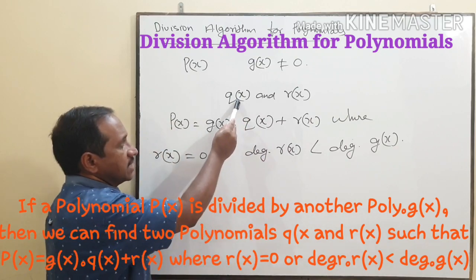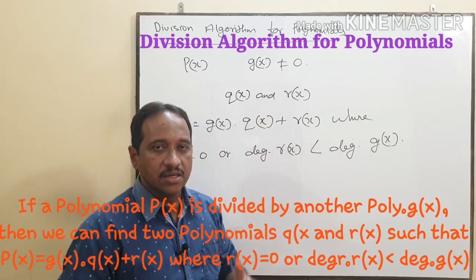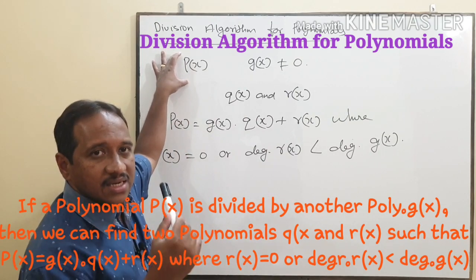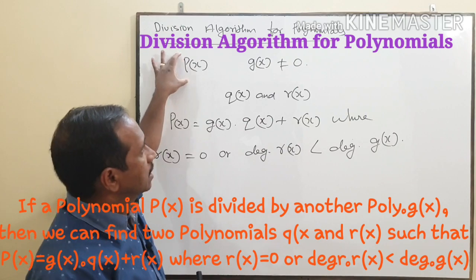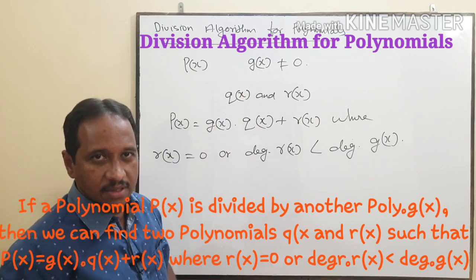Here q of x is the quotient polynomial and r of x is the remainder polynomial. P of x can be considered as the dividend polynomial and g of x is the divisor polynomial.